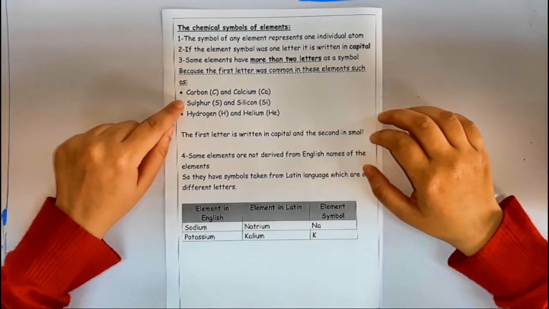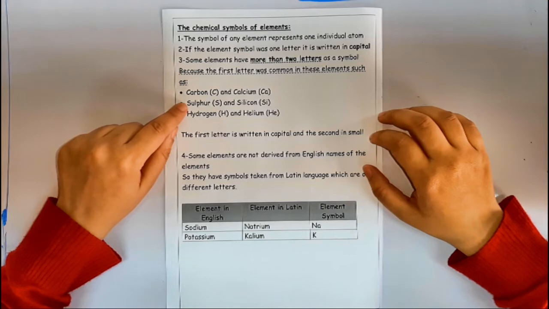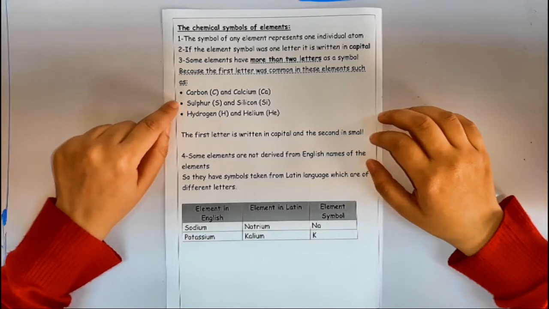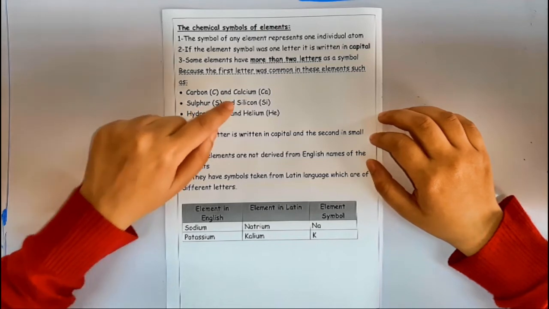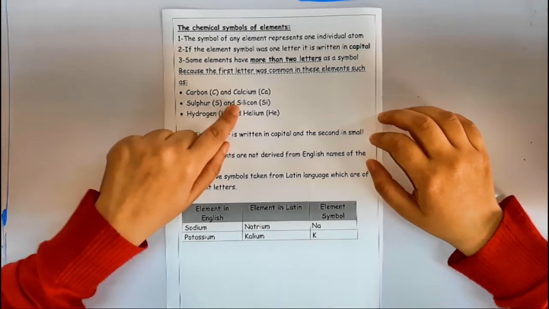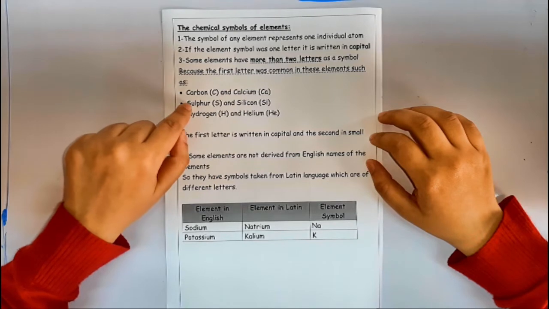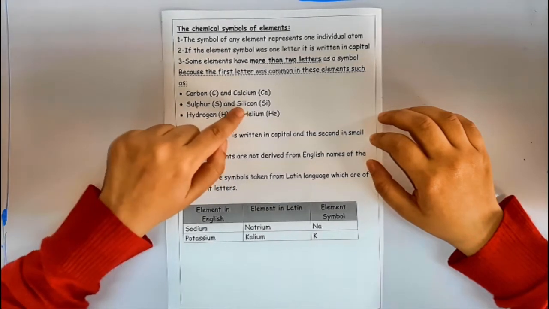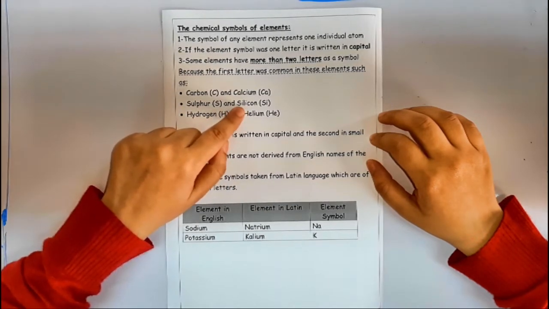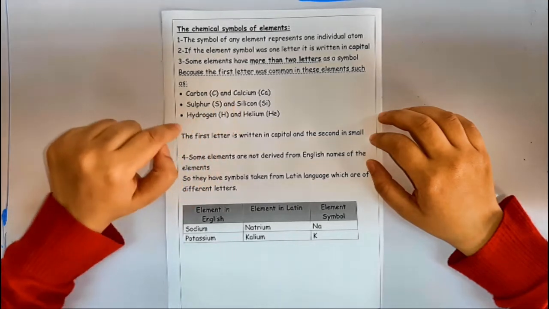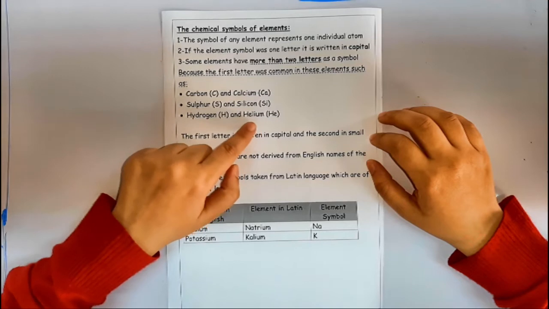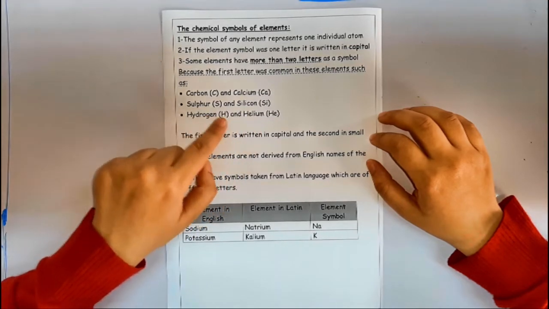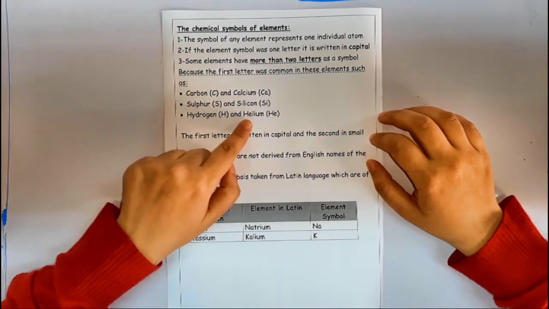Sulfur, the first letter is S, so we take the first letter, S, and write it in capital. Silicon, the first letter is also S. It's common between sulfur and silicon. So in silicon we also take the second letter, which is I, but we write it in small. Hydrogen is H and helium is He.